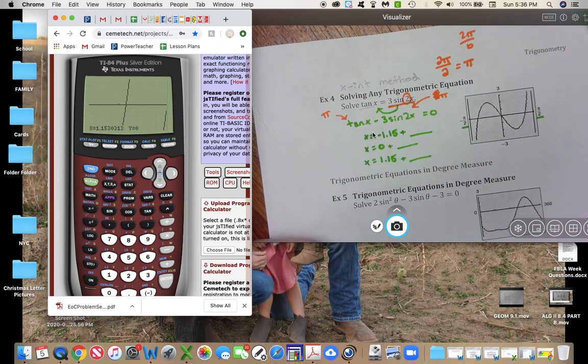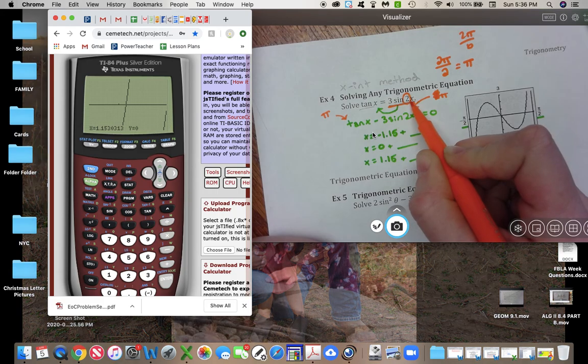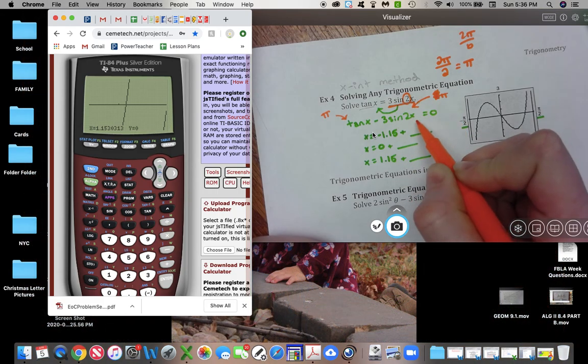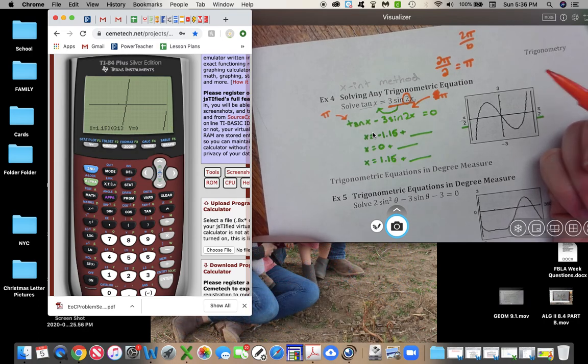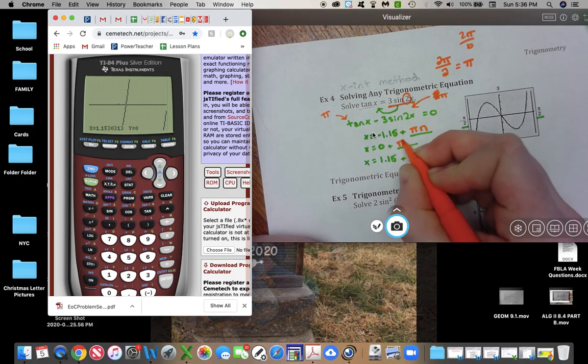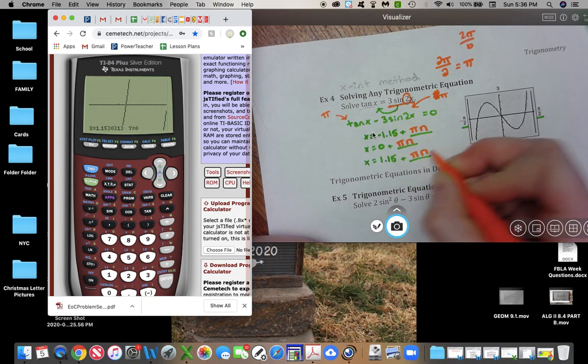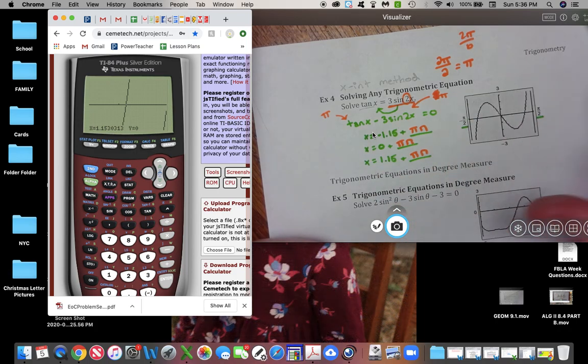So since that 2 is there, it takes my period from being 2 pi to actually just pi, and then both of them are consistent with that. Both of them agree that it should be pi times n, and pi times n, and pi times n. That's what I'm adding each time. So pi n later, he's going to be touching at each one of those points.